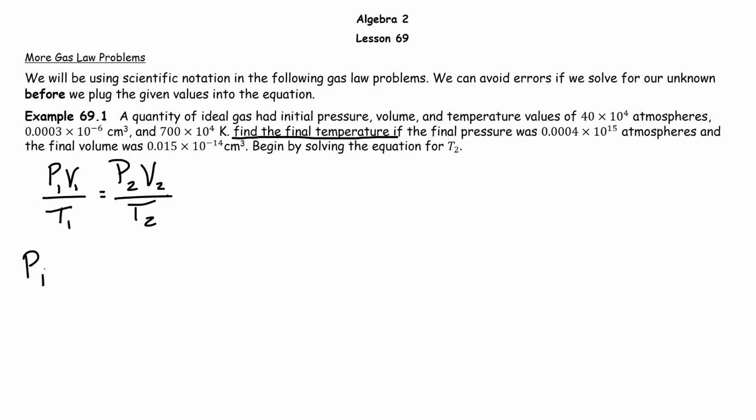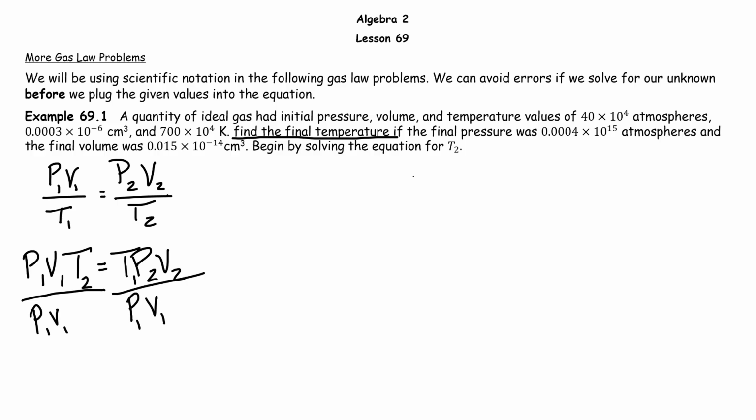So P1 V1 T2 is equal to T1 P2 V2. And if I want to get T2 by itself, I just need to divide both sides by P1 V1. So that's going to give me T2 is equal to T1 P2 V2 over P1 V1.